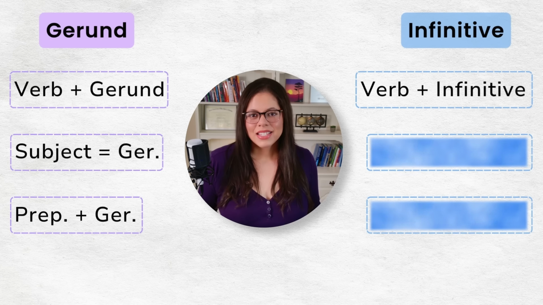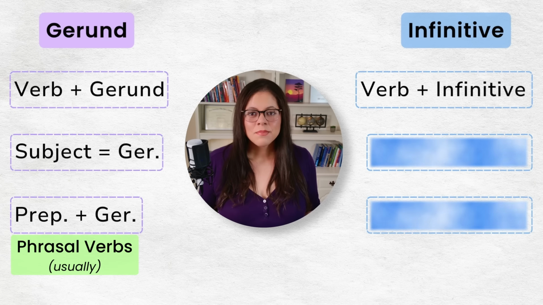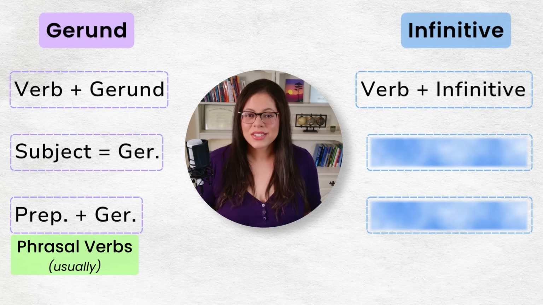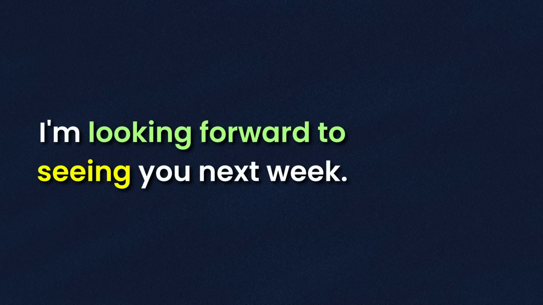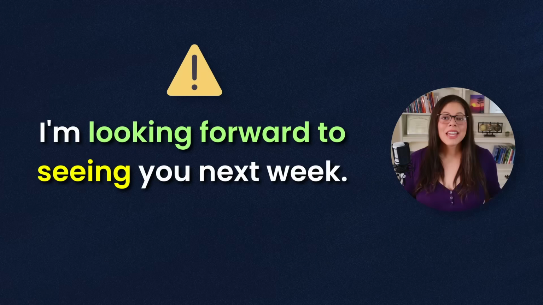The cool thing is that this pattern also applies to phrasal verbs because the particle of a phrasal verb is usually a preposition. We planned to go out, but we ended up staying home. I'm looking forward to seeing you next week. Be careful here.